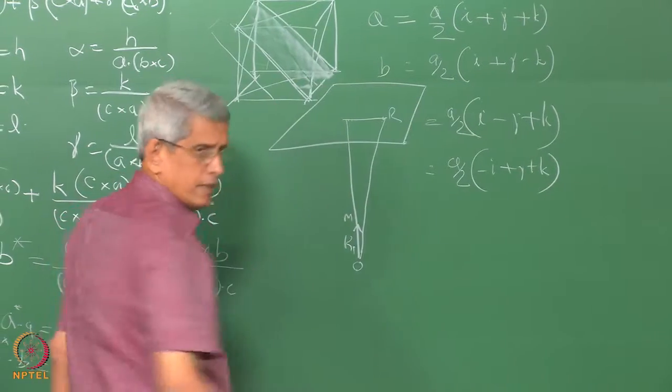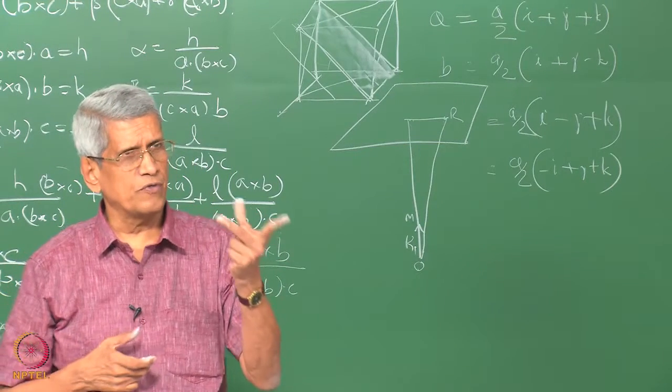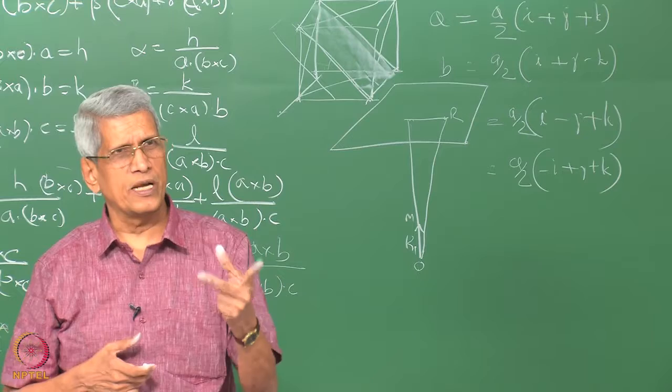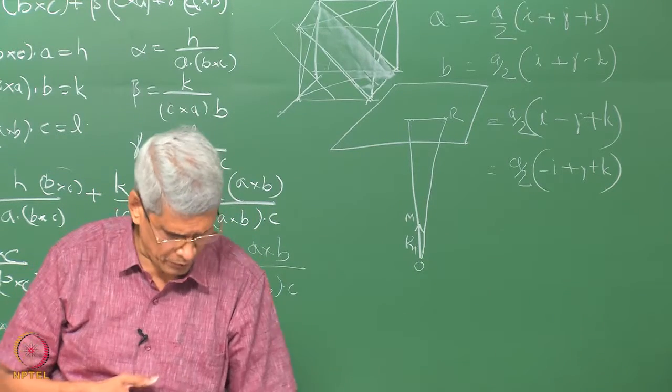These three vectors generate the rhombohedral lattice, correct. We will come back to it later.